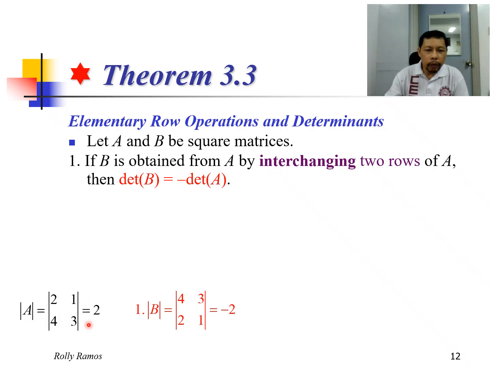We interchange row 1 and row 2, so that B is 4, 3, 2, 1. Finding the determinant of B, the newly formed matrix from A, the determinant of B is negative 2. So we have shown that interchanging two rows of A produces this: the determinant of the new matrix is equal to the negative determinant of the previous matrix.